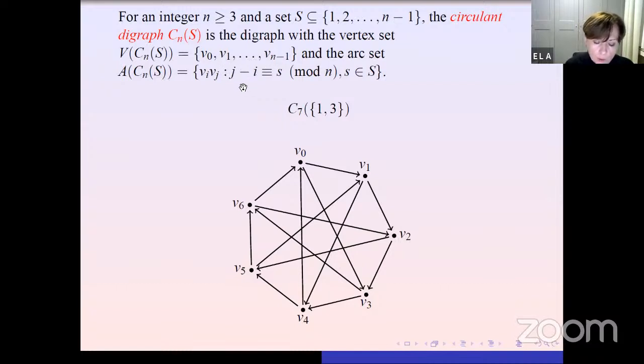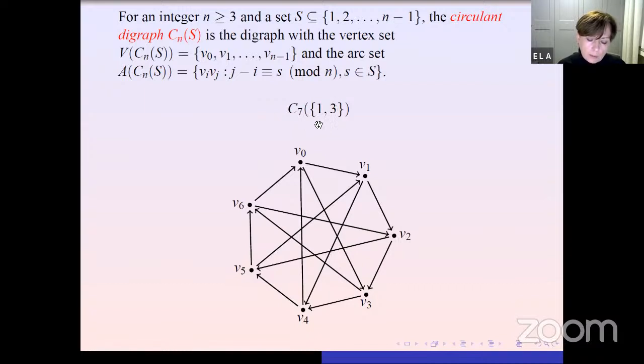And we join 2 vertices if the difference between indexes is equal to s, where s is an integer from the set S. Here is an example of a circulant digraph on 7 vertices when the set S contains 1 and 3.